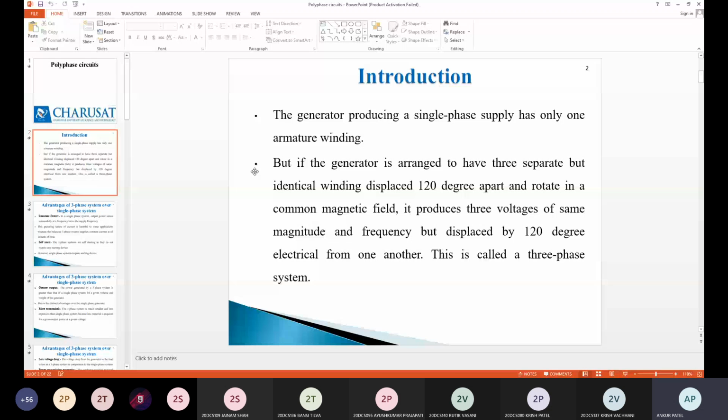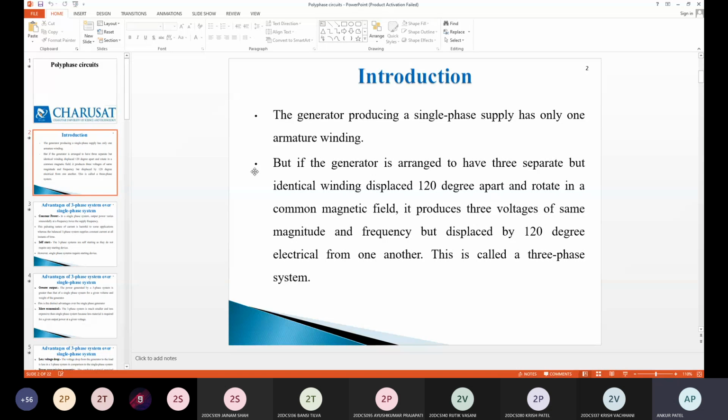For single phase generation, suppose we take one coil that is rotating inside the magnetic field. Here, for three phase, we need to take three coils. We need to place these three coils at an angle of 120 degrees, so these three coils are displaced by 120 degrees from each other.